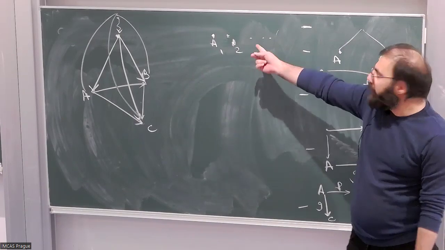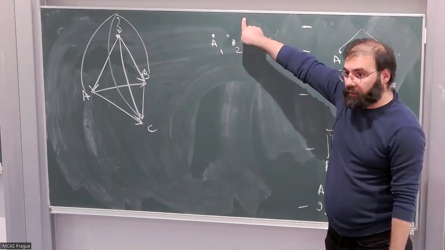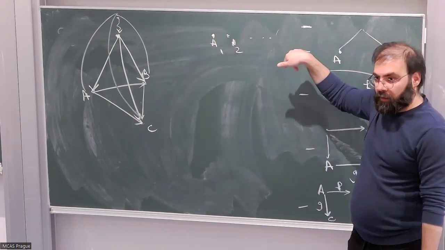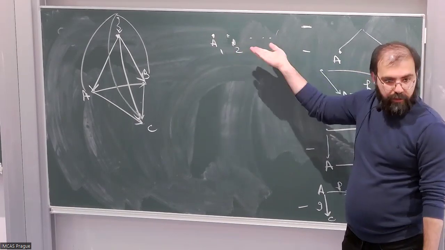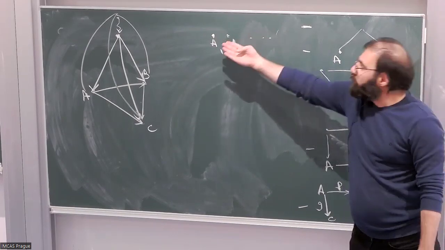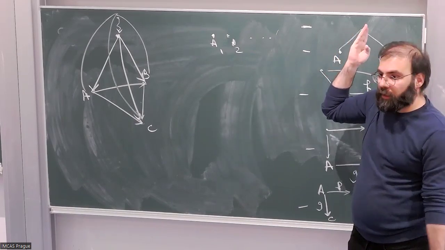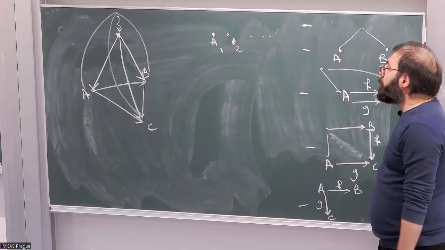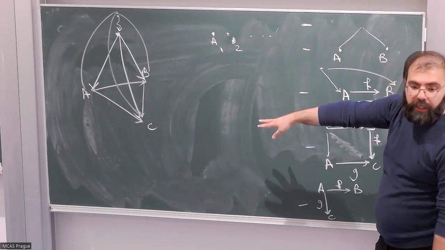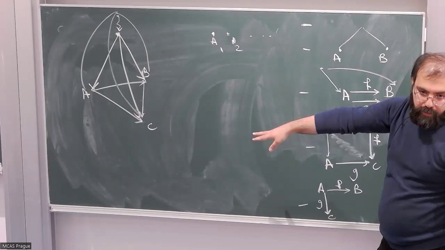What is the limit of this? It is some object with projections such that you have commutativity, but there is nothing else. So it is just a product of all of these things. We have it, so all of these exist.